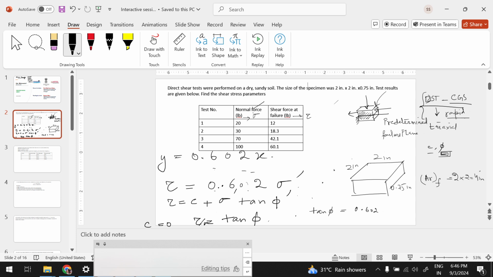Tan inverse 0.602 comes out to be approximately 31 degrees. So our phi dash is equal to 31 degrees.